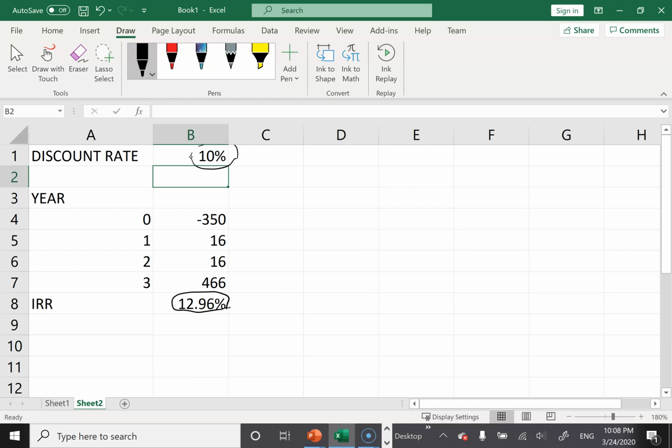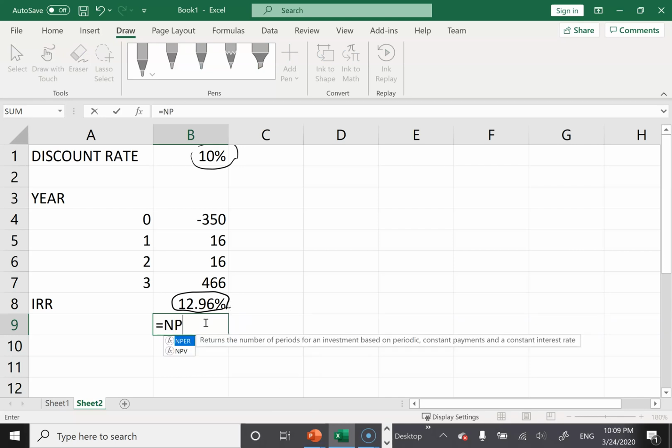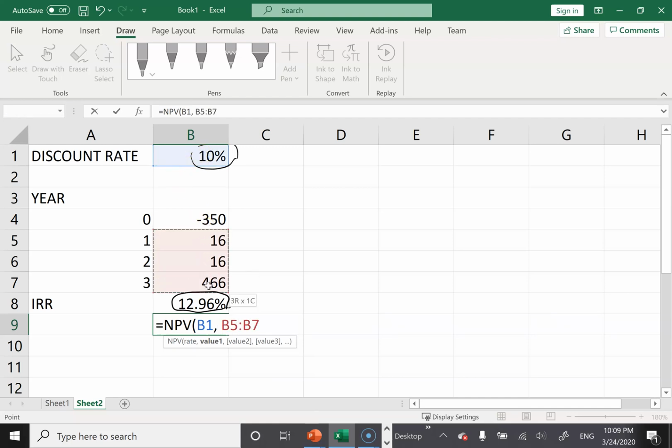So, for example, when we calculate the net present value of this project using the 10% discount rate, and as I told you before, do not include the initial cash outflow in the NPV function. After closing the NPV function, just add the initial cash outflow.